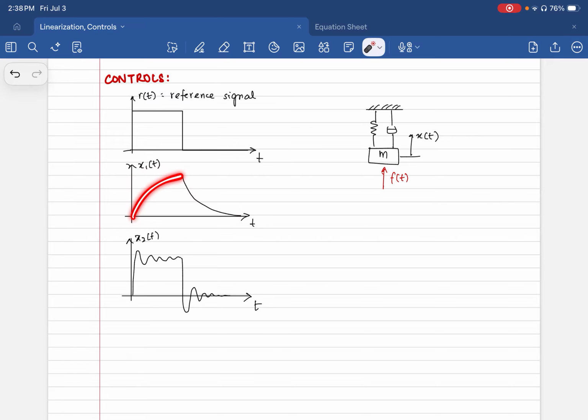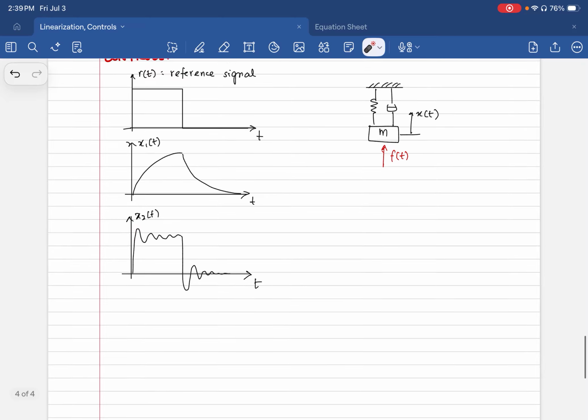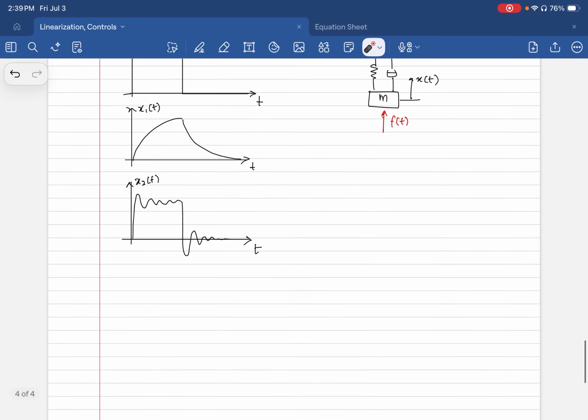Instead of what I drew here, you'll have to have a much higher force in the beginning, and then that force would gradually reduce so that it can initially ramp it up so quickly and then keep it steady there. And then you'd have to have a force that's going all the way down to bring it down very quickly. In this case, your force would have to have some kind of oscillation so it can remove these oscillating features.